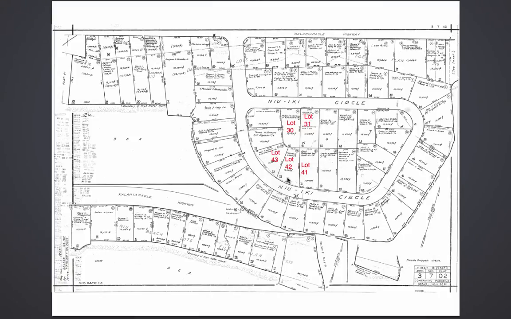We've got our subject property here, and this is a better scope of the actual property and surrounding neighbors than the actual survey. If you look here, you see lot 42, which is our subject lot, and down here in the corner you've got number 72, and it has a double underline. It's kind of small, but all of the numbers that have a double underline under them are the actual parcel numbers.